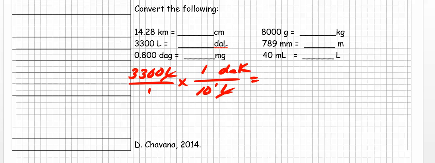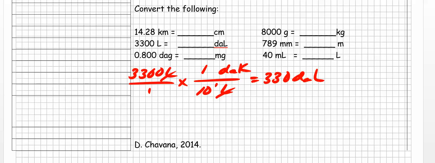When I divide, I don't need a calculator for this. If I say 3,300 divided by 10, I just move the decimal place over to the left one time, and I get 330. So 330 is the number of decaliters in 3,300 liters. And that's how I do dimensional analysis, okay?